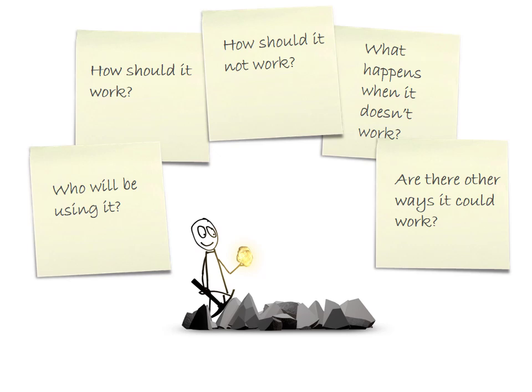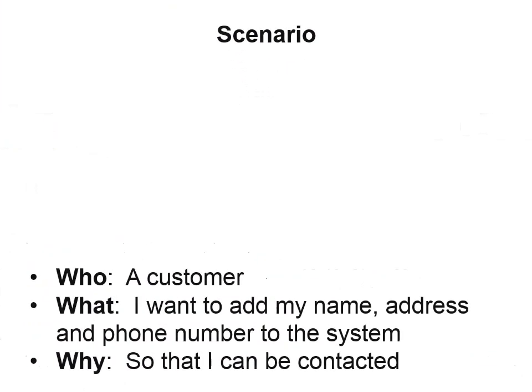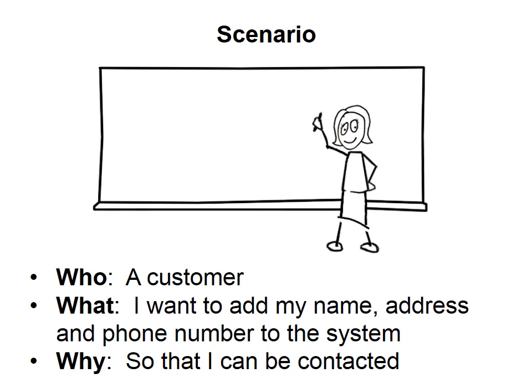While following this process, some questions to ask would be, who will be using it? How should it work? How should it not work? What happens when it doesn't work? And are there any other ways it could work? For our example scenario, the who would be a customer.